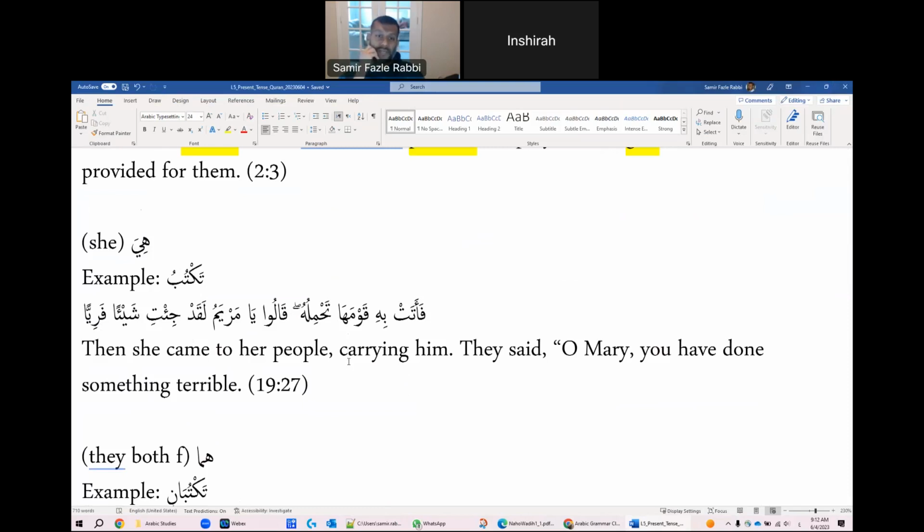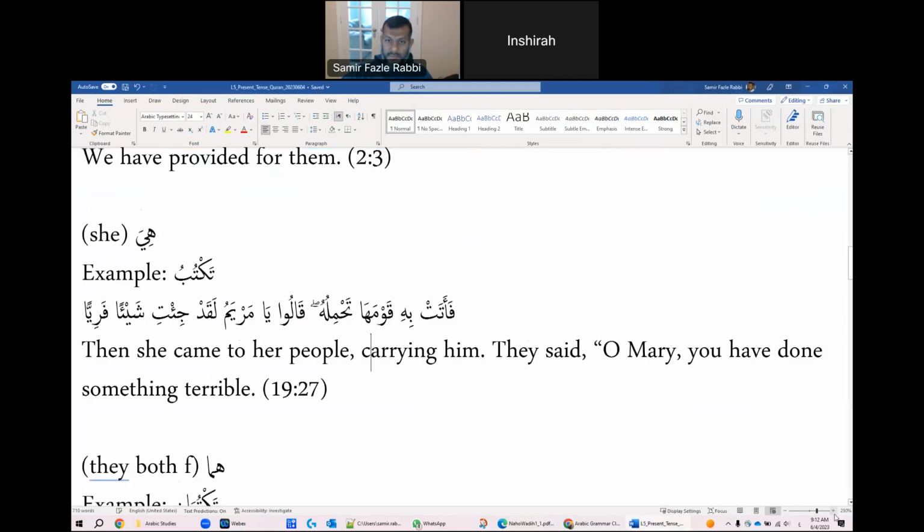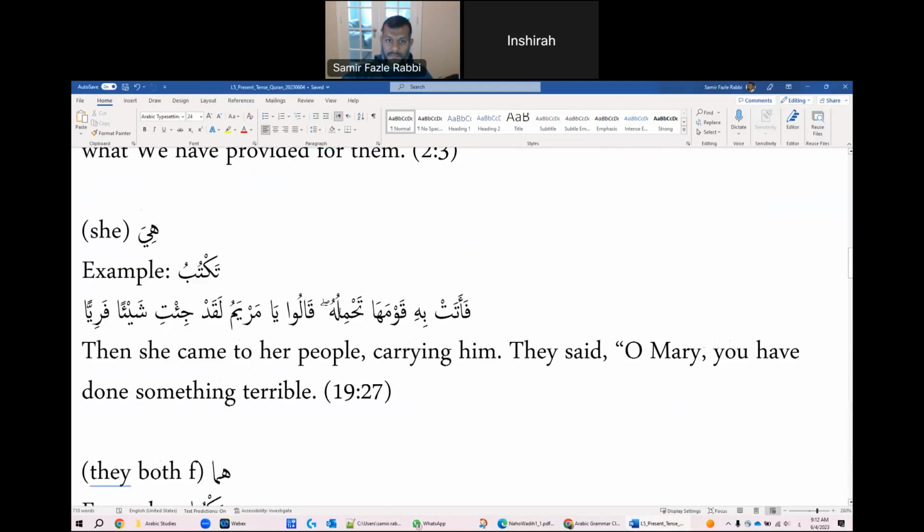I don't want to butcher it. فأتت به قومها تحمله قالوا يا مريم لقد جئت شيئا فريا. تحمله.